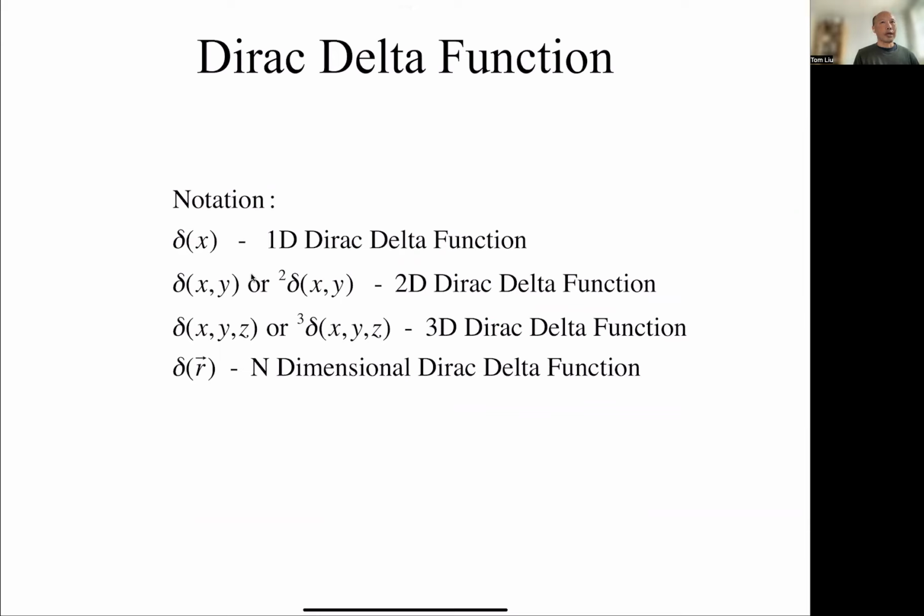The notation we're going to use in class: there are going to be 2 types of delta functions we're going to talk about. One is the Dirac delta function, which we'll talk about now. The other one we'll talk about later is what's called the Kronecker delta. The Dirac delta function, we're going to need to use for continuous functions.